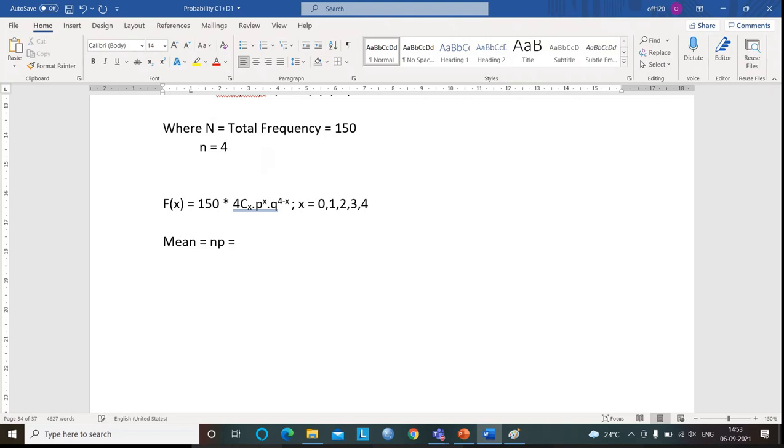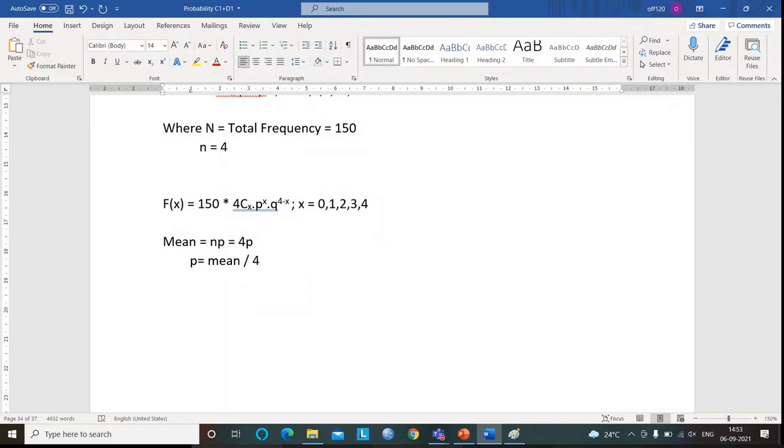N is 4, so mean is equal to 4p. That implies p is equal to mean divided by 4. I'll get the answer for p. Once I know the value of p, immediately I can get the value of q also, and substitute in my formula.